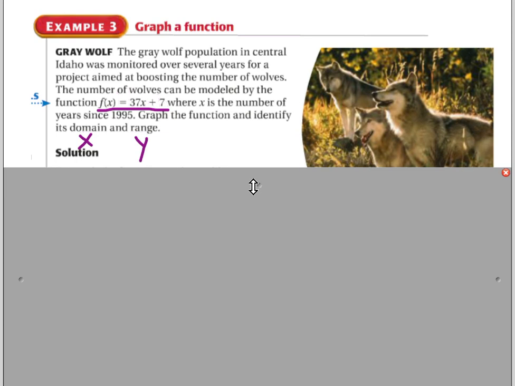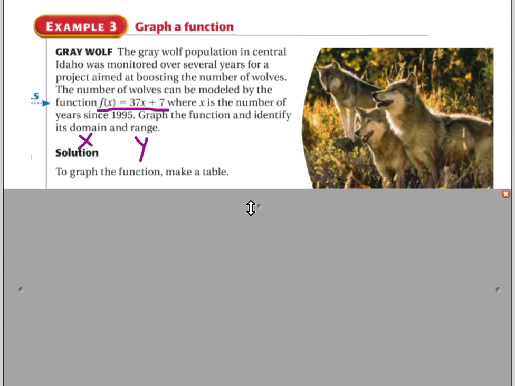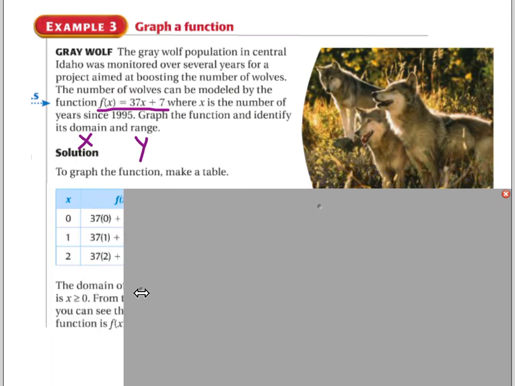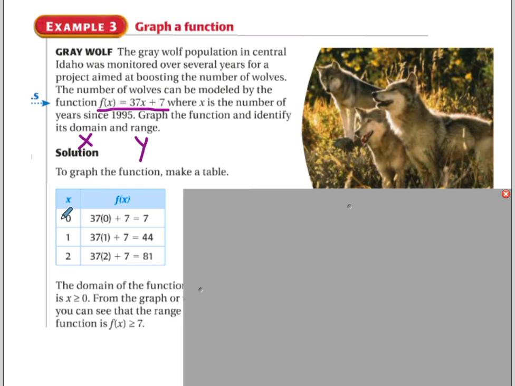So I'm going to go through and look at my solution. To graph the function, I'm going to make a table. I'm going to pick my x values. In this case, I picked 0, 1, and 2. Since we're dealing with years, it is not necessary to choose negative numbers, because we're not talking about years prior to 1995. We're just talking about years beyond 1995.